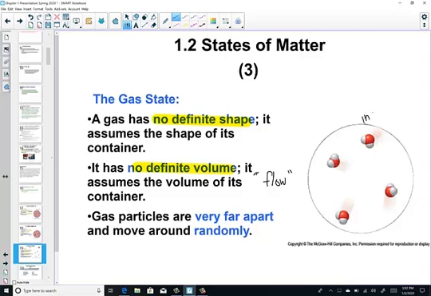They have independent motion, not relying on one molecule from the next. Independent motion. Gas particles are very far apart, move very rapidly and randomly. There is no organization to the molecules at all. So we've moved from solids, which are highly organized, to liquids, which are less organized, to the gaseous state, which is just complete chaotic motion.